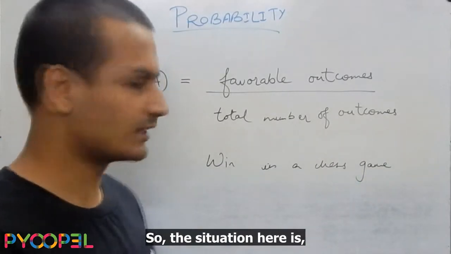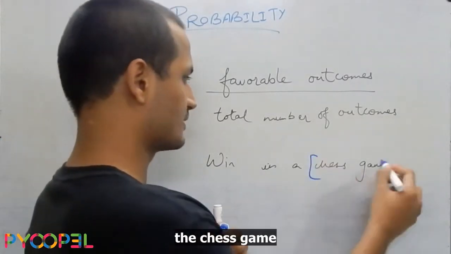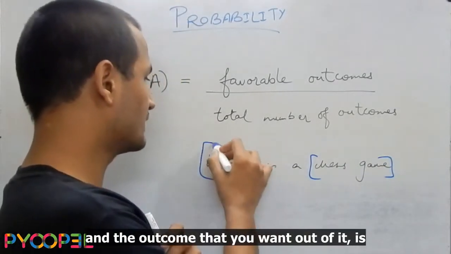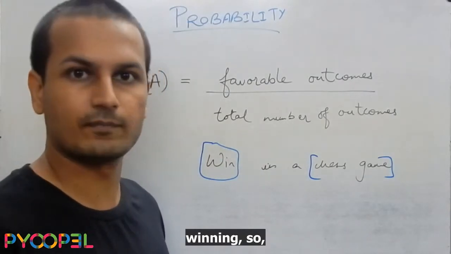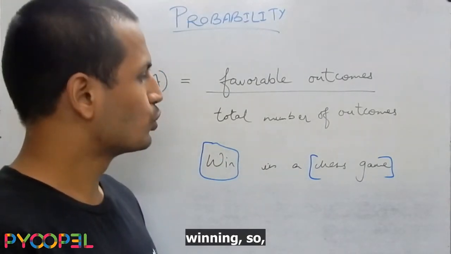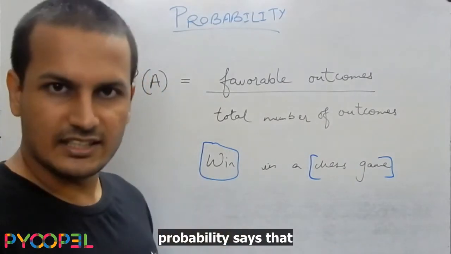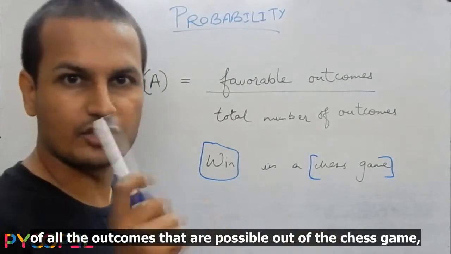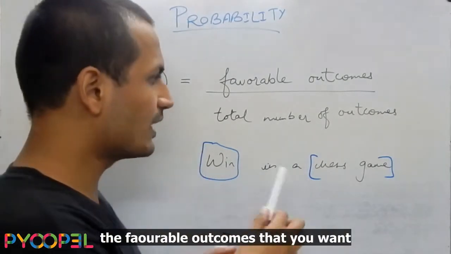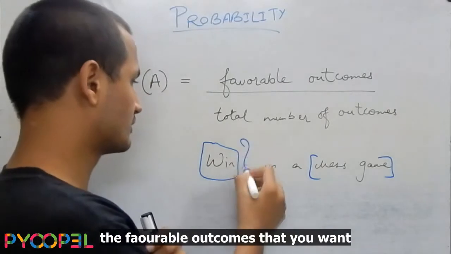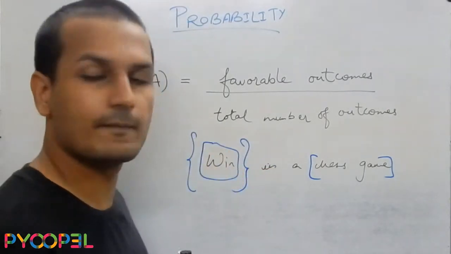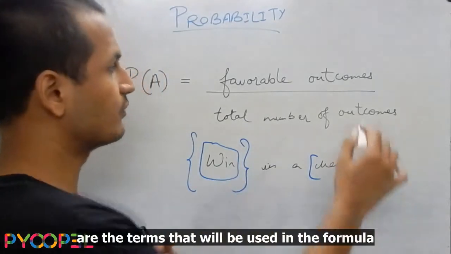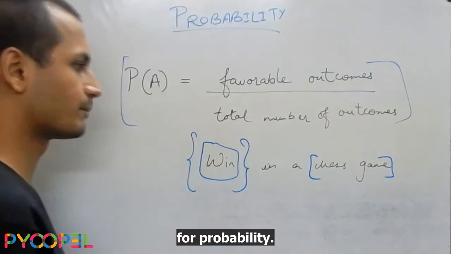So the situation here is the chess game, and the outcome that you want out of it is winning. Probability says that of all the outcomes that are possible out of a chess game, the favorable outcomes that you want are the terms that will be used in the formula for probability.